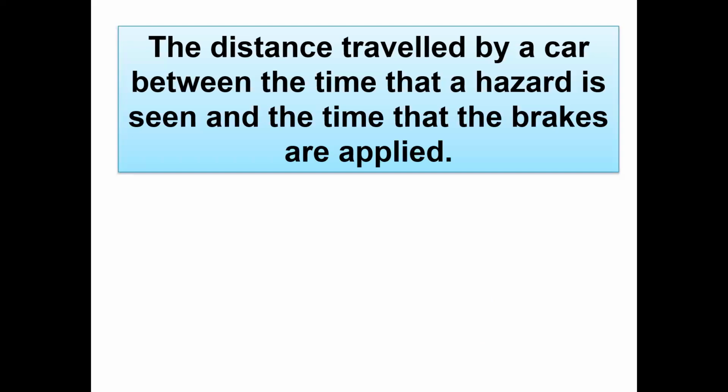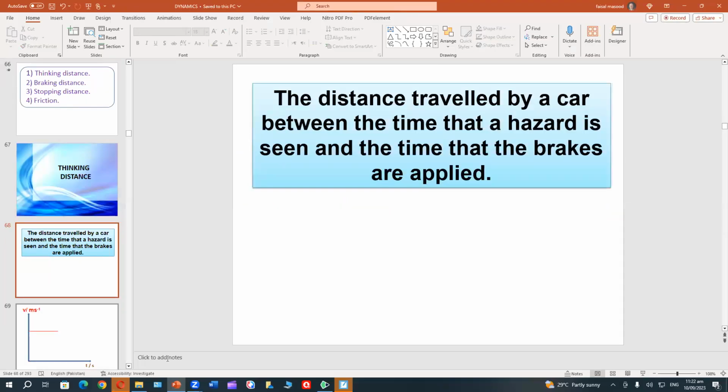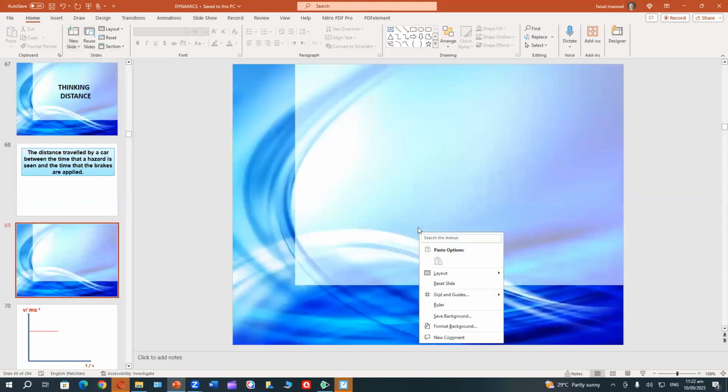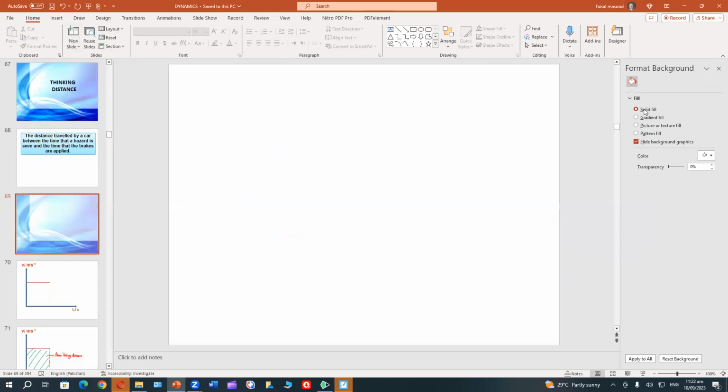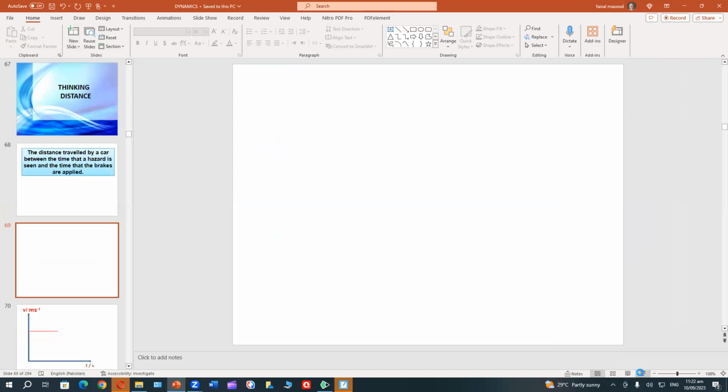And that distance can be very large. For example, an aeroplane is already traveling at such a high speed that even if the pilot is very alert and responds immediately, the aeroplane will still travel a lot of distance.